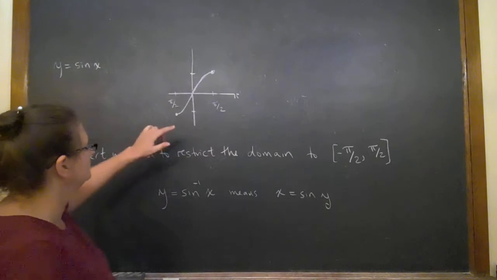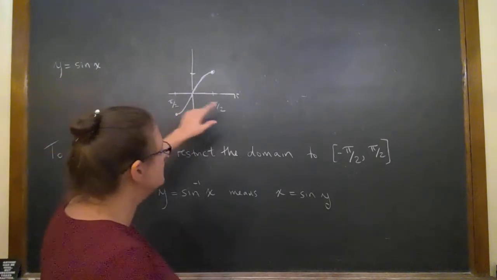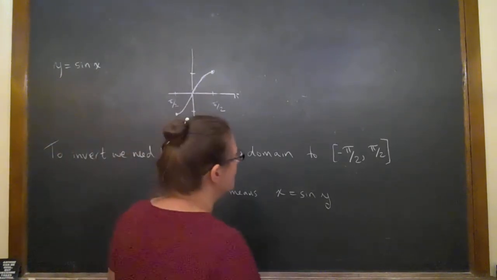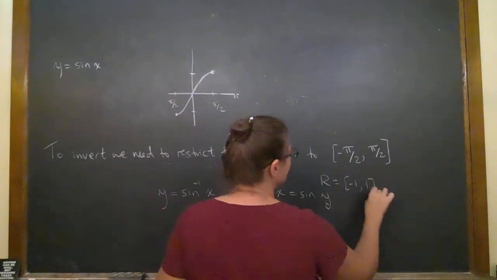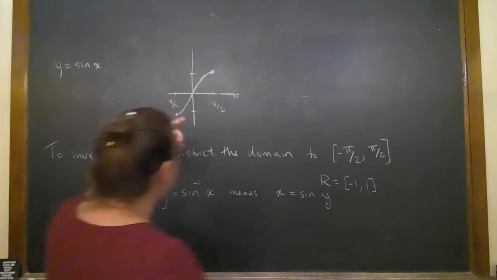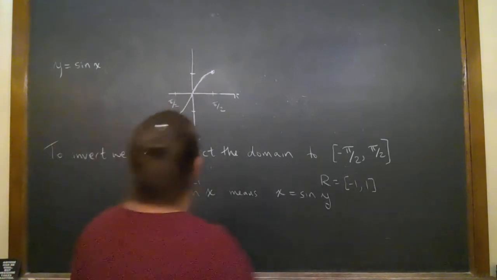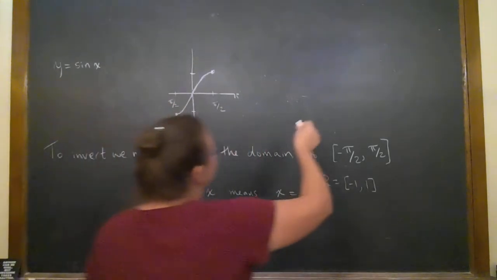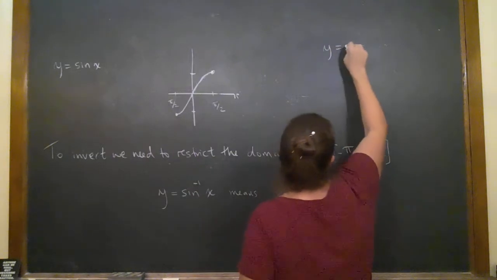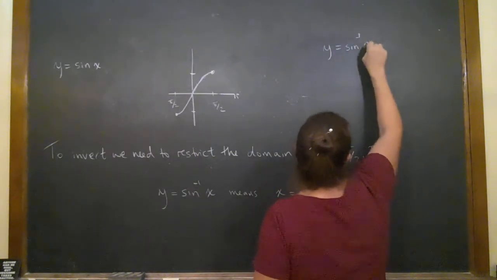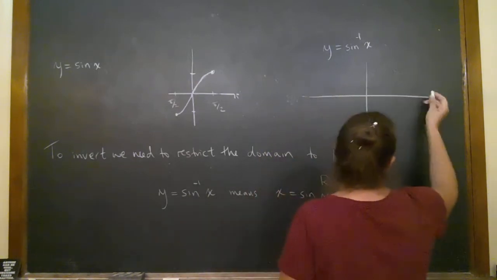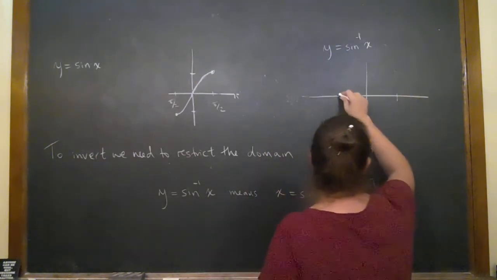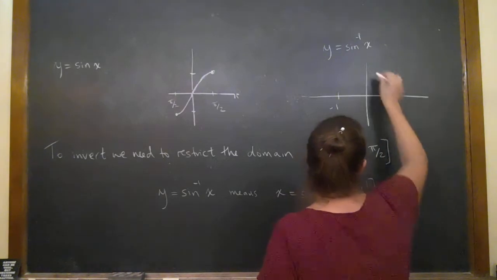So the domain is minus pi over 2 to pi over 2. Of course, my range is going to be minus 1 to 1 because that's the range of the sine function. So if I graph this, well, this is sine x. If I graph the inverse sine, then my domain is minus 1 to 1.